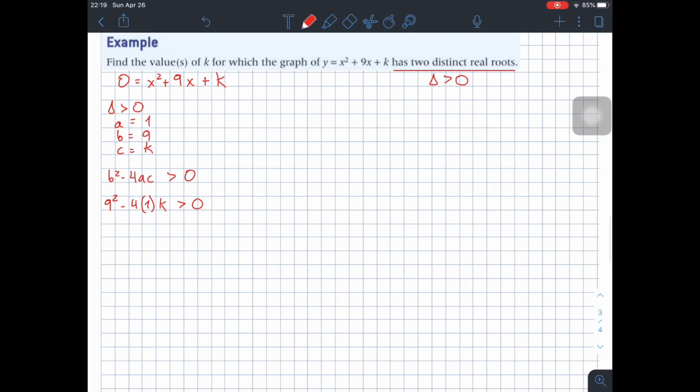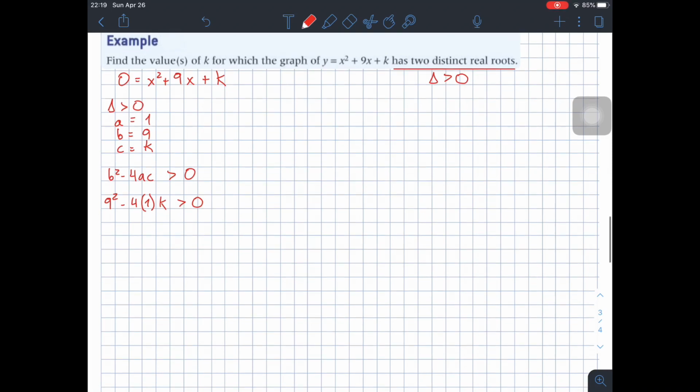So if we solve this inequality, we would get, let's see, this is 81 minus 4k greater than 0. If I take the 81 to the other side, this would be negative 4k should be greater than negative 81. And here you need to pay attention. 81 divided by 4 gives us 20.25, right?